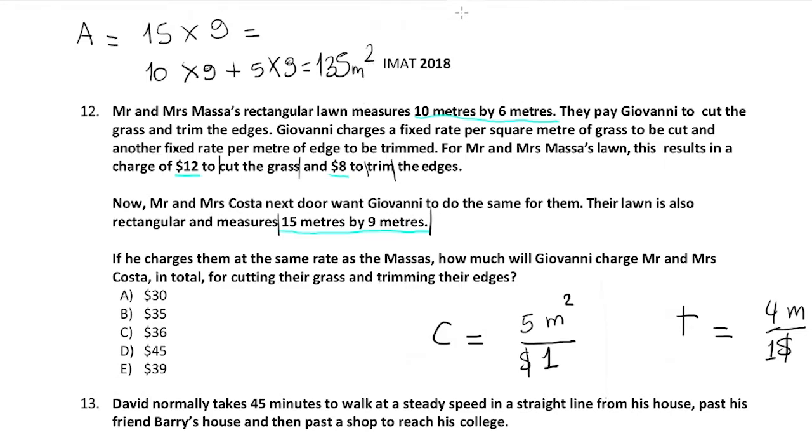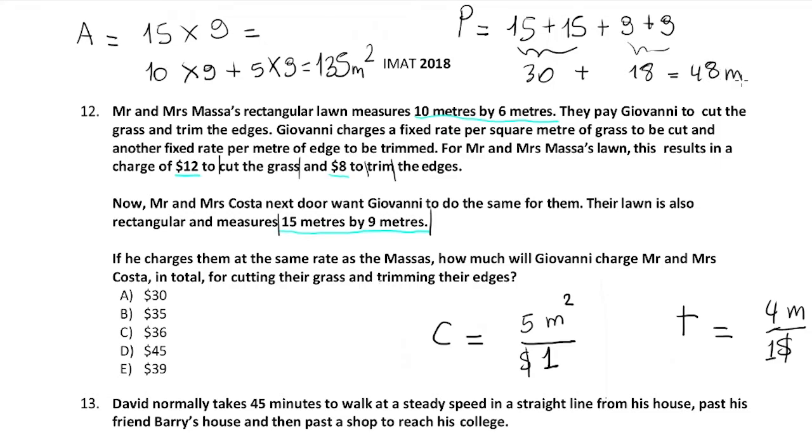And then we can calculate our perimeter, which, like we said, is 15 plus 15, so 2 times 15, plus 9 plus 9, so 2 times 9. This is equal to 30 plus 18. So this is equal to 48 meters.